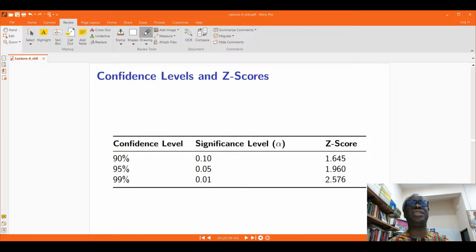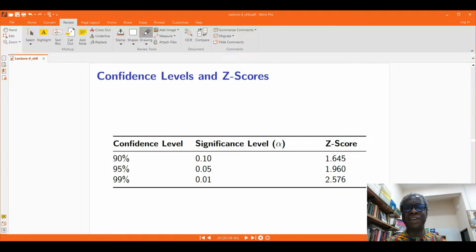You can always get these values also from your statistical table. So if the researcher chooses the confidence level to be 90%, it means in that formula, the Z score will be 1.645.